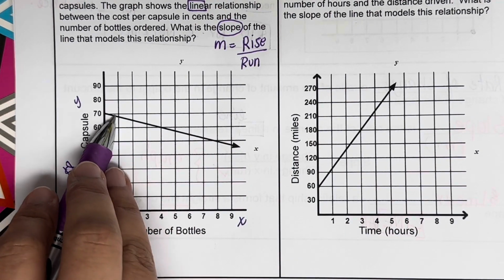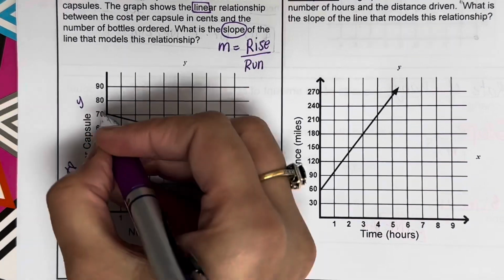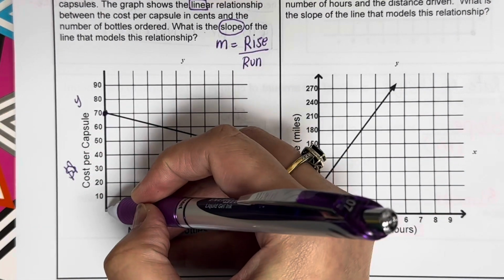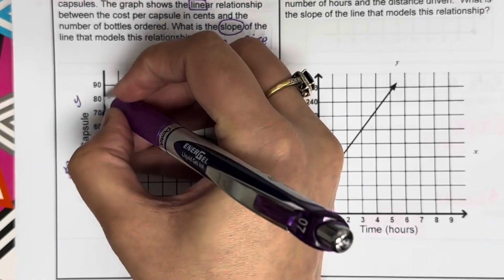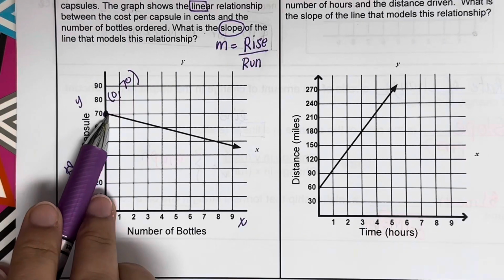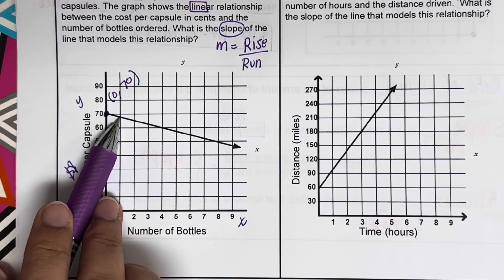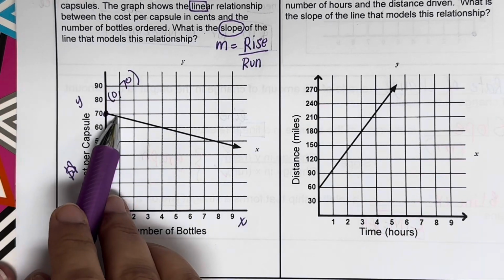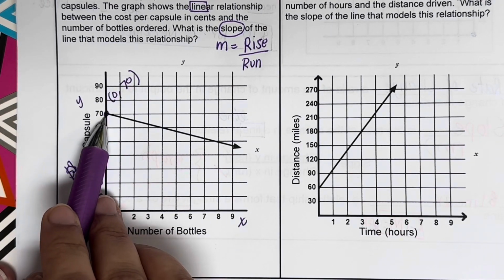This is a very good graph. So I'm looking over here. This is my first point because it is right on the edge. I have whole numbers. It is 0, 70. So yes, that's a good point. Scan through. This is not a good point because I have X as 1, but I don't know what the value of Y is over here because there's no number.